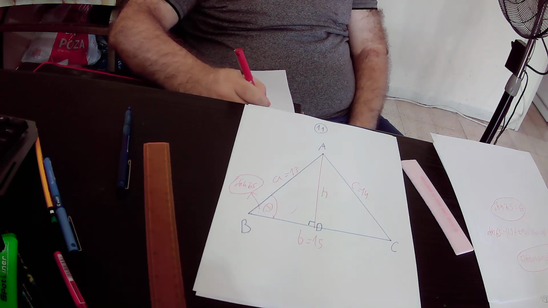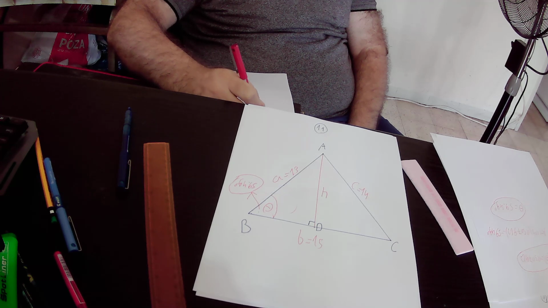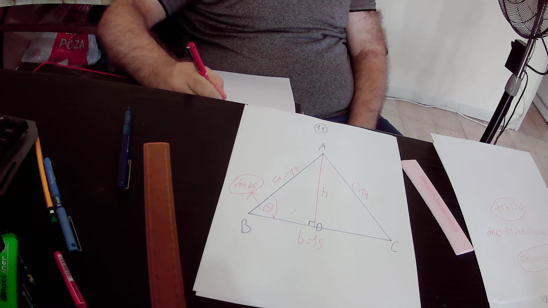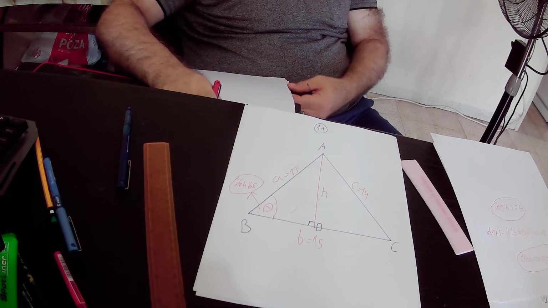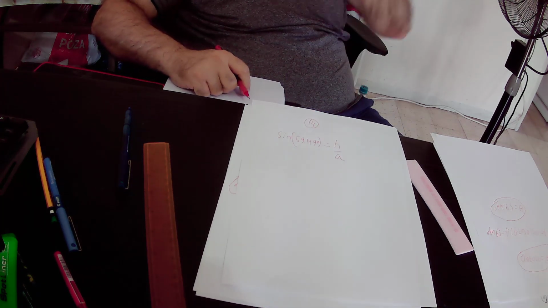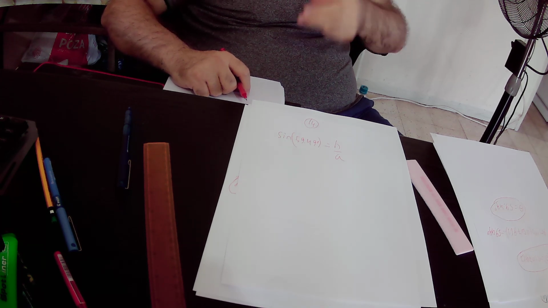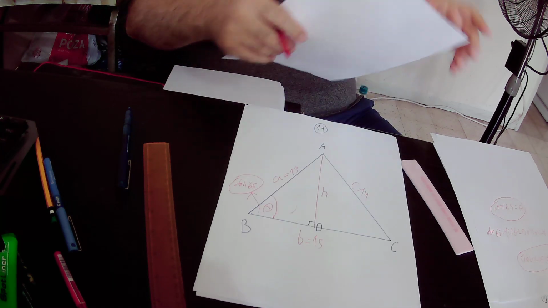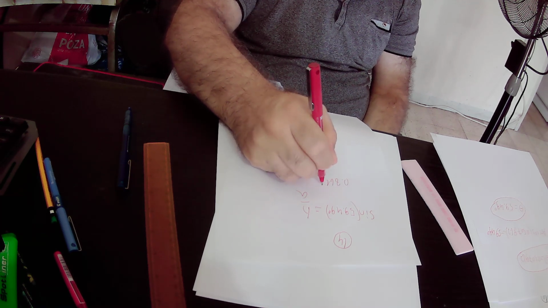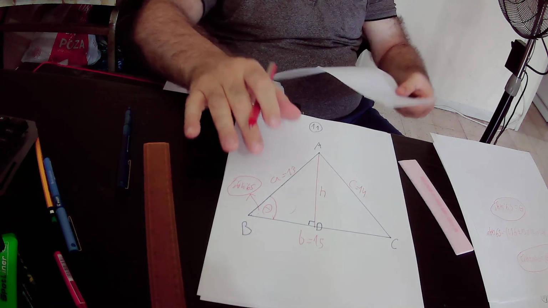Therefore, sine of 59.49 degrees equals H over A. Sine of 59.49 degrees equals 0.8615, which equals H over 13 units.